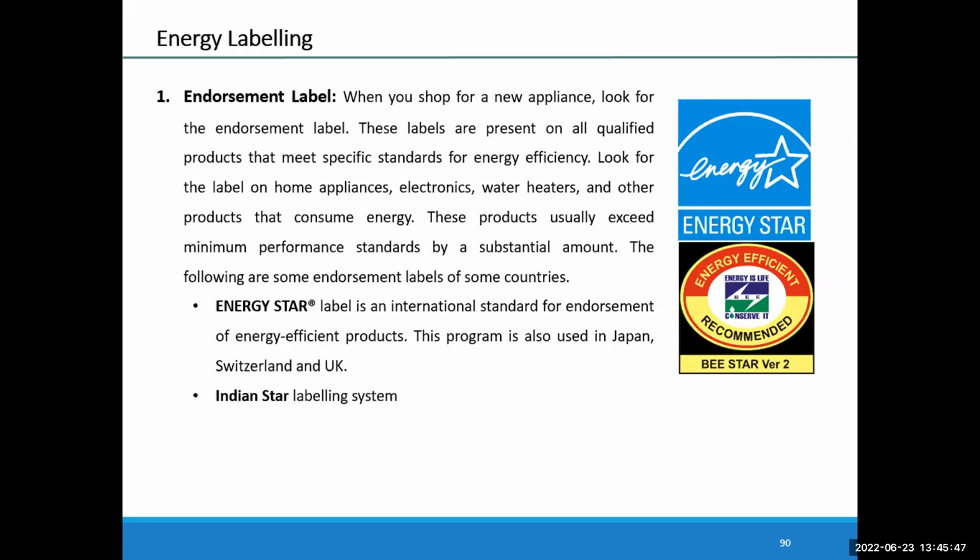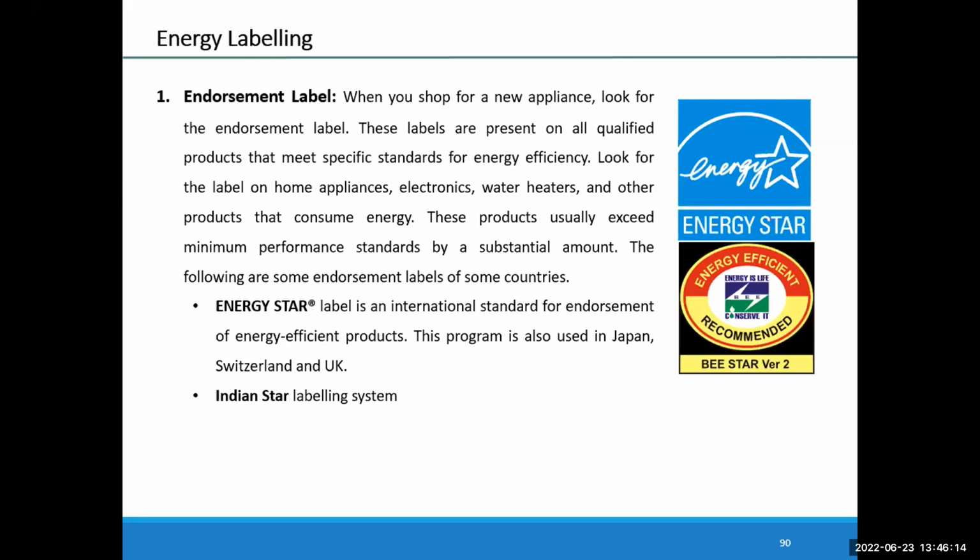When you shop for a new appliance, look for this endorsement label. These labels are present on all qualified products that meet specific standards for energy efficiency. Look for the label on home appliances, electronics, water heaters, and other products that consume energy. These products usually exceed minimum performance standards by a substantial amount.